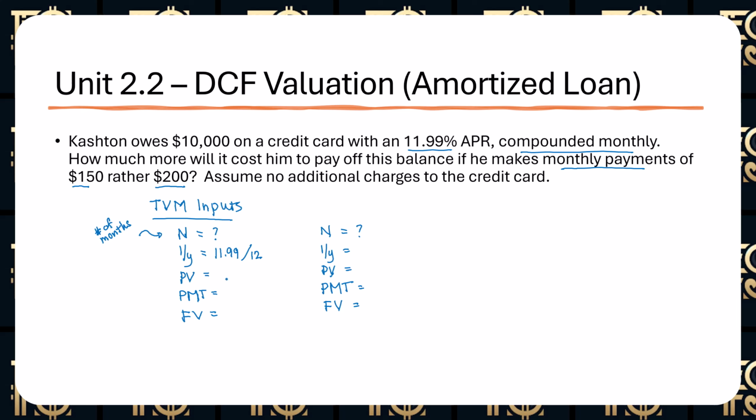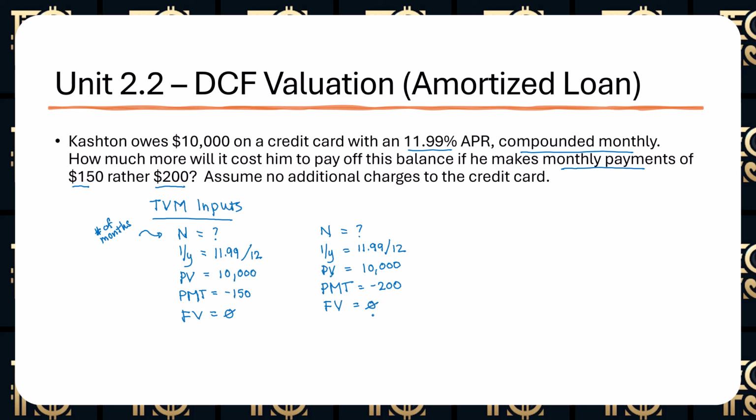The present value, or his current balance, is $10,000. The future value, hopefully, of the credit card is 0. And in this first scenario, he's going to pay $150 per month. We'll have identical inputs on the right-hand side, or in the second setup. The only difference being he'll pay an extra $50 per month.